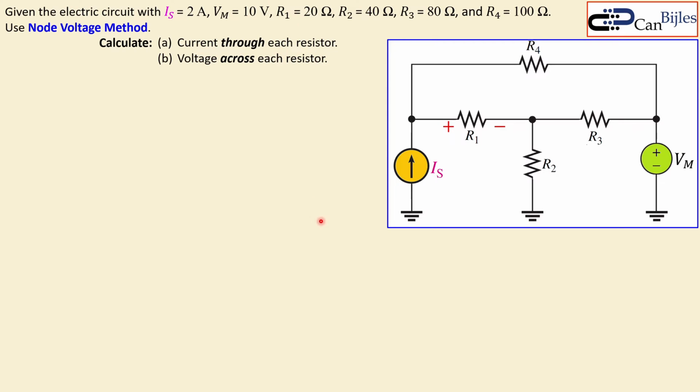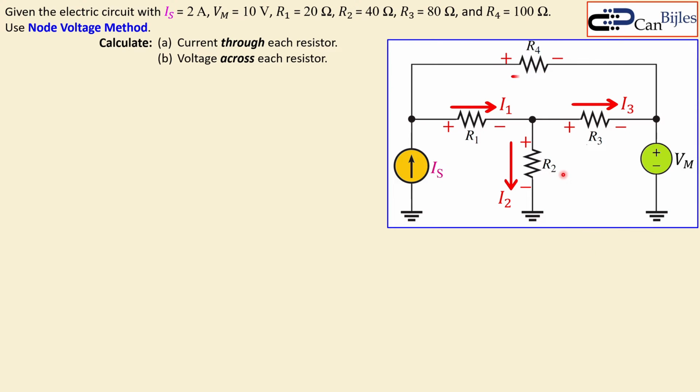Now the current orientation we need to first define, so I have defined for myself the plus and the minus sign for the R1 here, that current goes then in that direction from left to right. For R2 I have defined my polarities as shown, and that current goes like that. And for R3 the plus and the minus also shown here, so the current goes always from plus to minus.